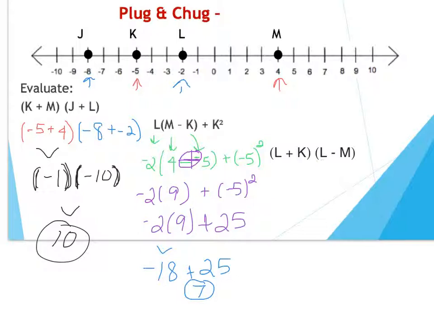Alright, let's check this over. So for L, I should have -2 plus -5. Next parentheses, -2 for L, minus 4 for m.